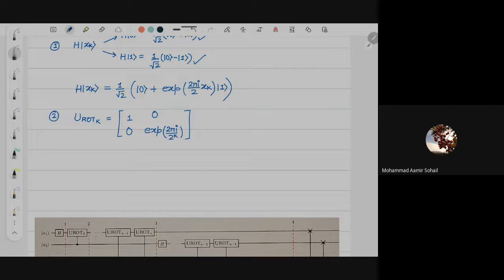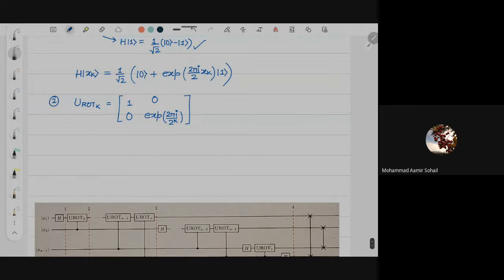So this is what the U rotation is. And from using this U rotation, we will now create a controlled rotation operator, controlled rotation on the kth qubit. So that will be I (2 cross 2), 0, 2 cross 2, 0, 2 cross 2.